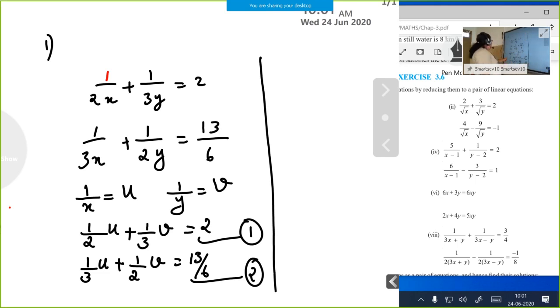Then taking the LCM of the first equation, 2 and 3, the LCM is 6, so multiply throughout by 6.